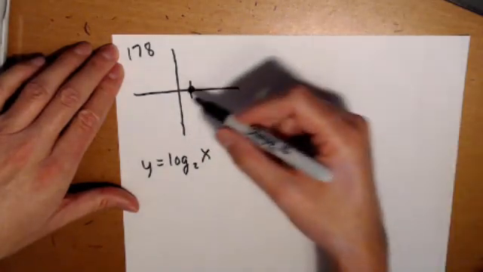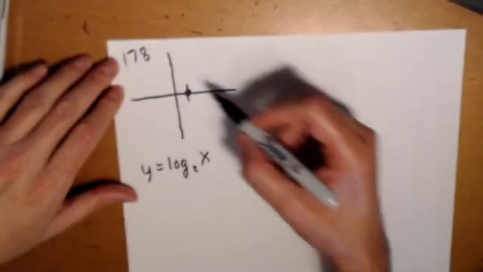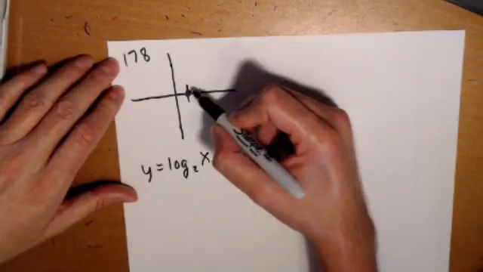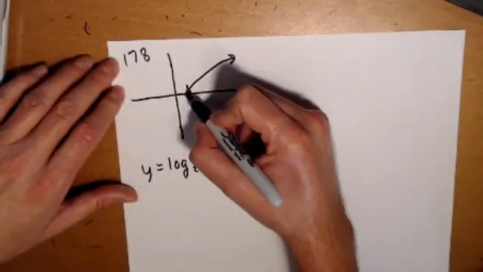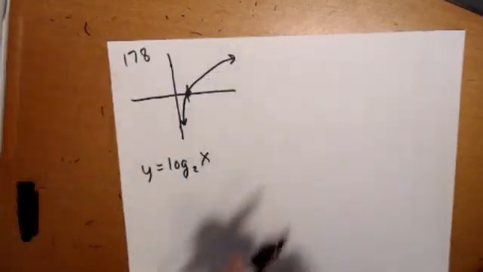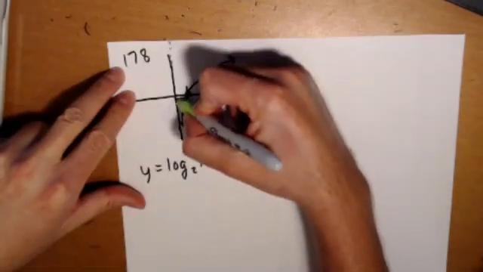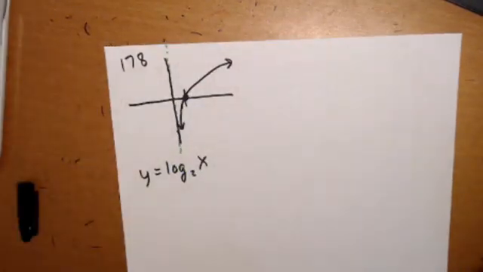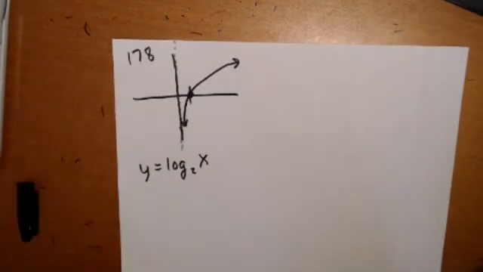It's not a vertex, but we think of it like a vertex because it tells us how to graph everything. And then instead of going exponentially, it goes in a weird way like that, and then it kind of goes like that, where this is the asymptote.